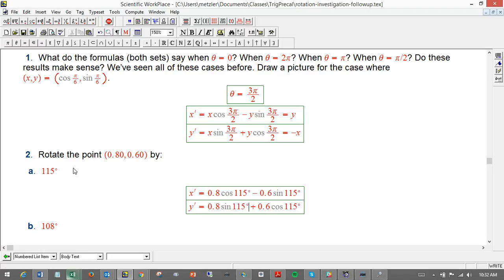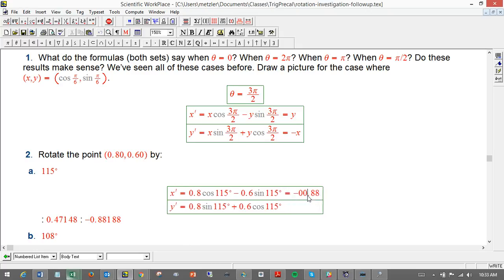Really rather straightforward. Then I'm going to ask it to actually calculate it. Let's see what it gives me. It likes to do exact calculations, so I have to make it do a numerical. Minus 0.88 for the x prime and 0.47. It doesn't like to put them in the place where I want them to go, but there we go.